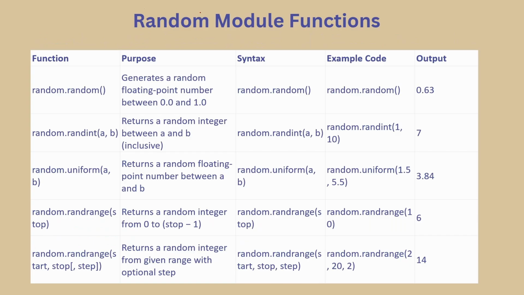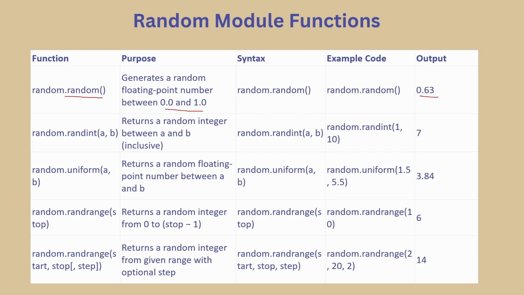So these are some of the functions of the random module. When we say random dot random, it generates a random floating point number between 0.0 and 1.0. Here when we say random.random, the output is 0.63, which is between 0.0 and 1.0, right?